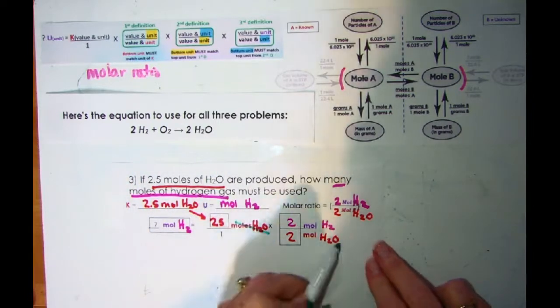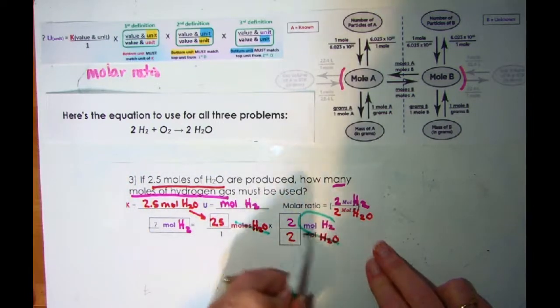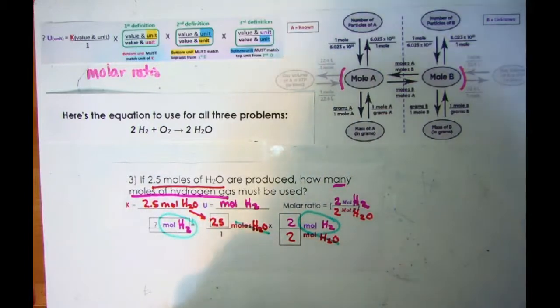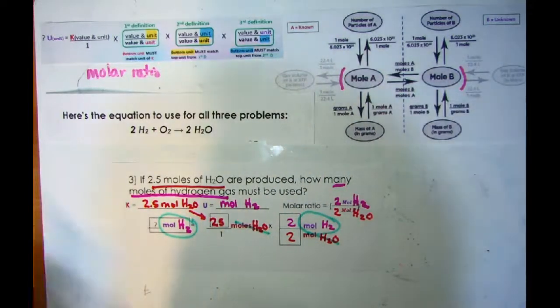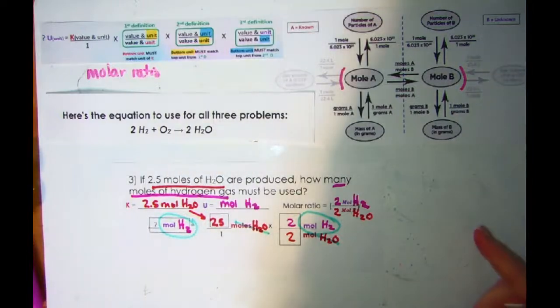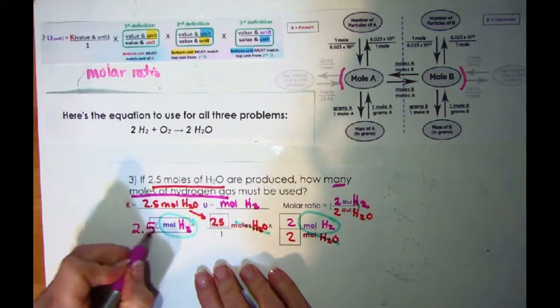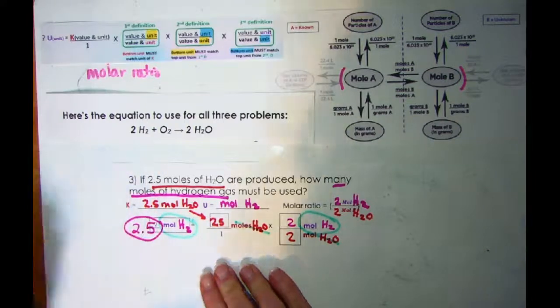Moles of water goes away, and what I end up with is what I'm looking for. It would be 2.5 times 2 divided by 2, which means I end up with 2.5 moles of H2.